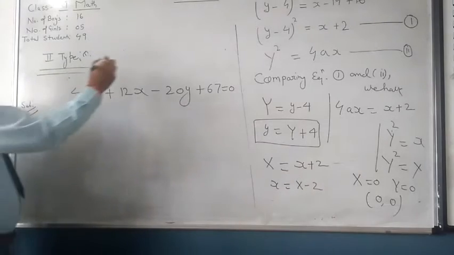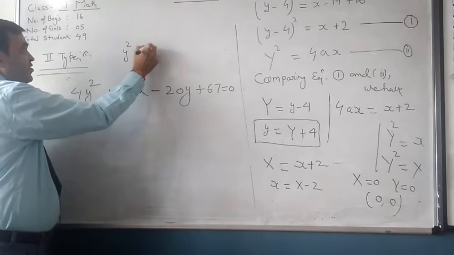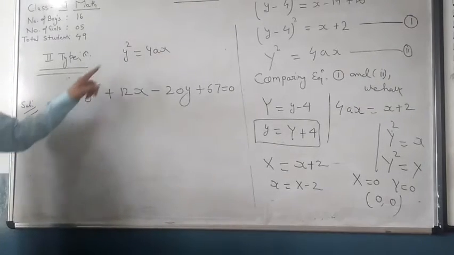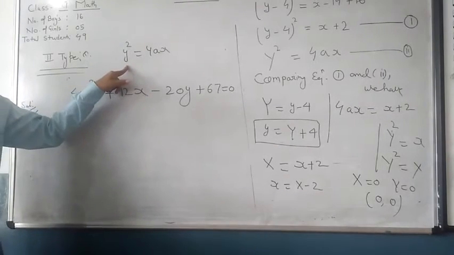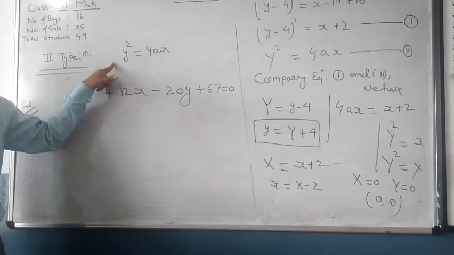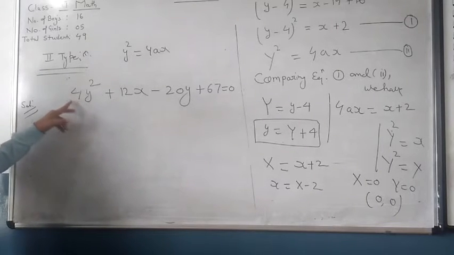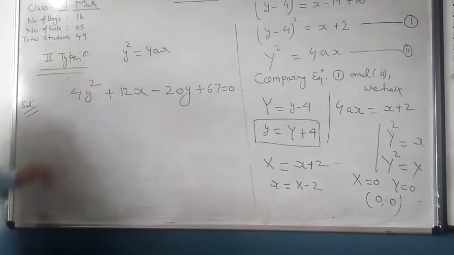We know the equation of parabola y square is equal to 4ax. It means the coefficient of y square always should be 1. So first divide the given equation by 4.